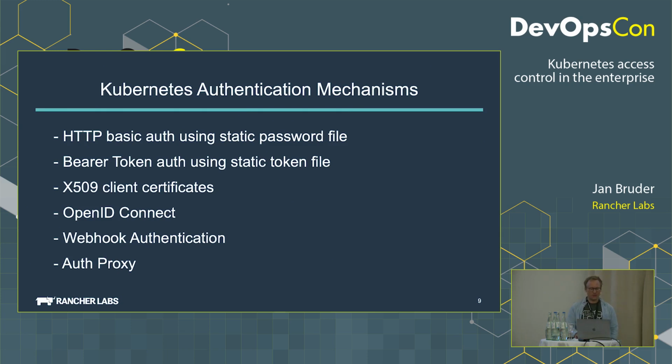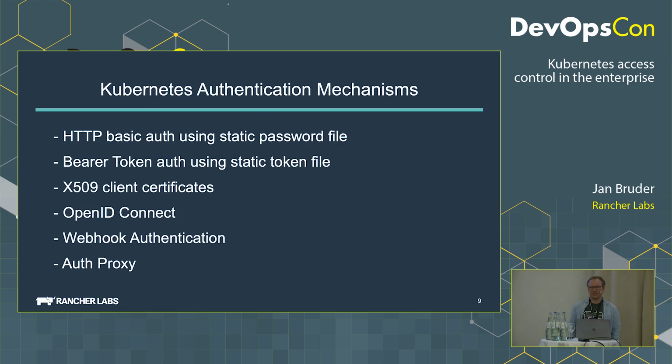There's also two other ones that are less used. So there's webhook authentication. Basically, what that means is when the user adds a token in his request, Kubernetes will not validate the token itself, but it will invoke a third party to authenticate the token. So this could be an external service, maybe some really custom thing that you have implemented.